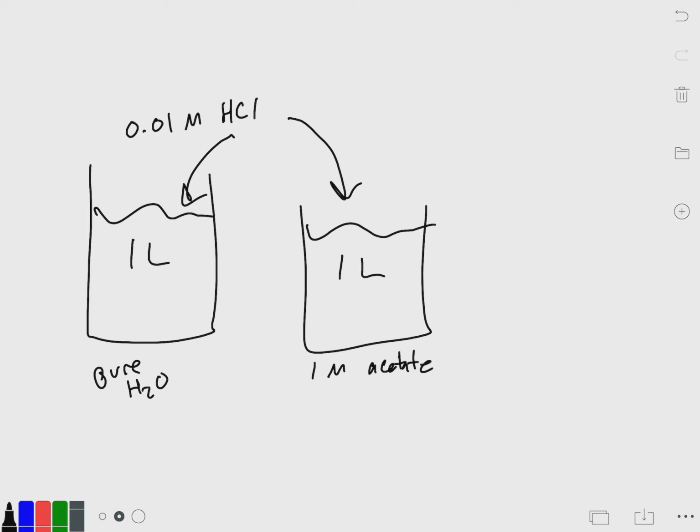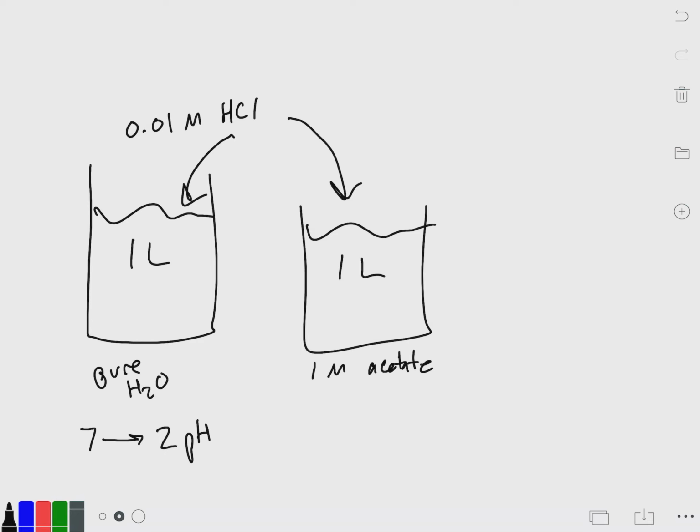Since the HCl completely dissociates in the water, this is going to be 0.01, so 10 to the minus 2 molar. So we would have to look at the pH, so negative log of that. The pH would go from a 7 to 2. Big difference.